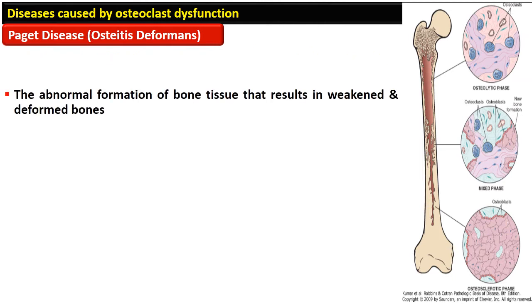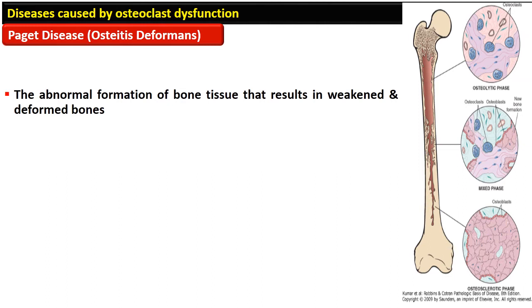The abnormal formation of the bone tissue results in weakened and deformed bones. Though there is increased bone mass in total, as bone is not formed properly and normally, it is deposited irregularly and not in normal fashion.